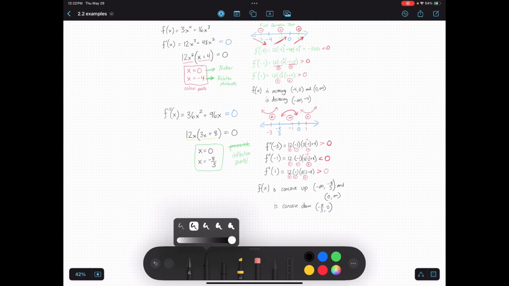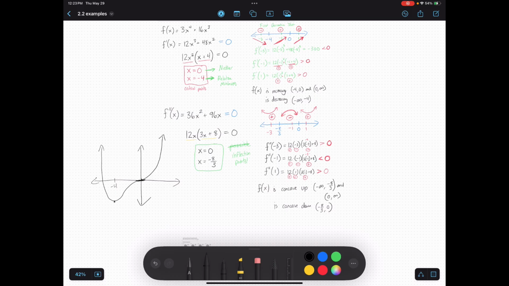Well, for this graph, all I'm looking for is a function with a relative minimum at -4 and a spot at 0 where it flattens out but is neither a relative minimum or a relative maximum. And if you double check this with your second derivative, notice how from here to some point in between -4 and 0, which we know now to be negative 8/3, I'm concave up.